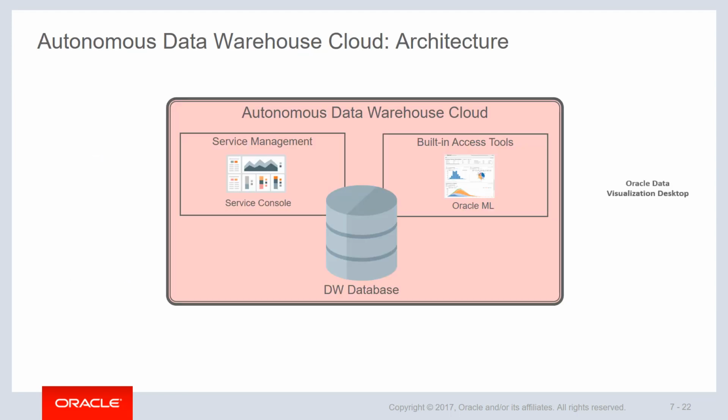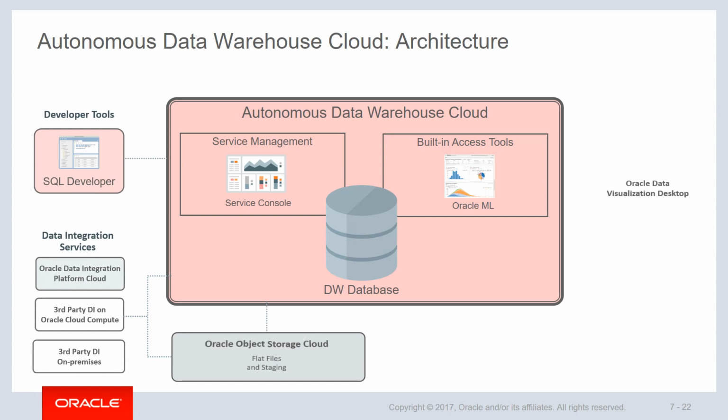Now, a simple visualization of the data warehouse cloud architecture. The ADW system itself includes the database, the service management console, and the built-in tools for accessing this data warehouse. Externally, we could plug in things like SQL Developer. We could use database or data integration services like OCI platform tools, third-party tools, either third-party cloud tools or even third-party on-prem tools.